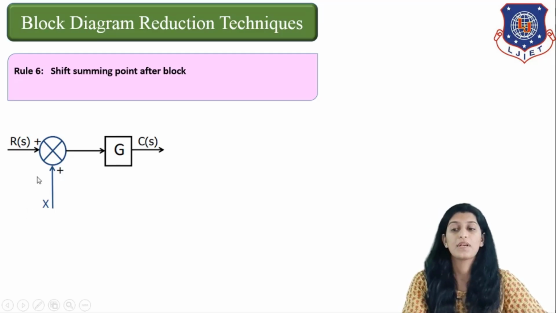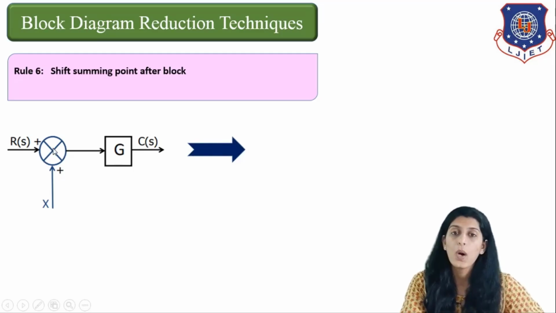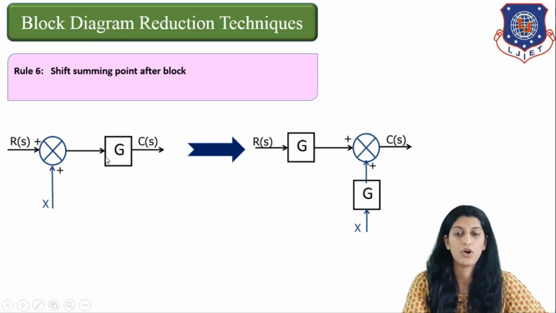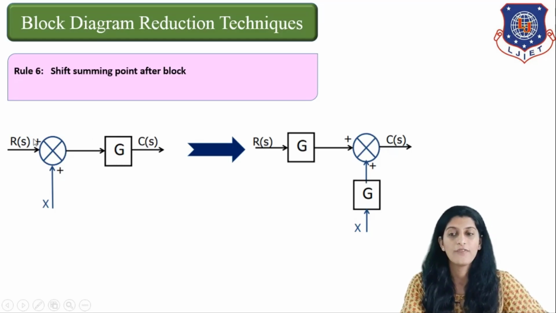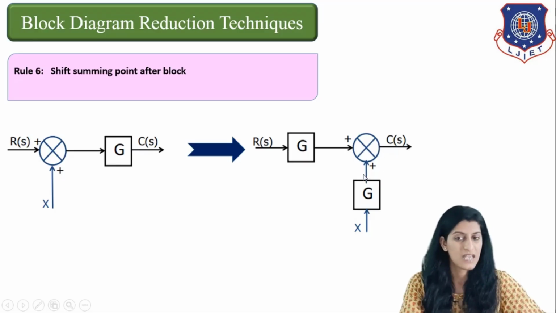Correct. So now if I want to shift this summing point, how can I achieve that? This is basically a method where we can shift a summing point after the given block. If you can see, R of S is now directly going into the block G, and the output from block G is sent into the summing point.